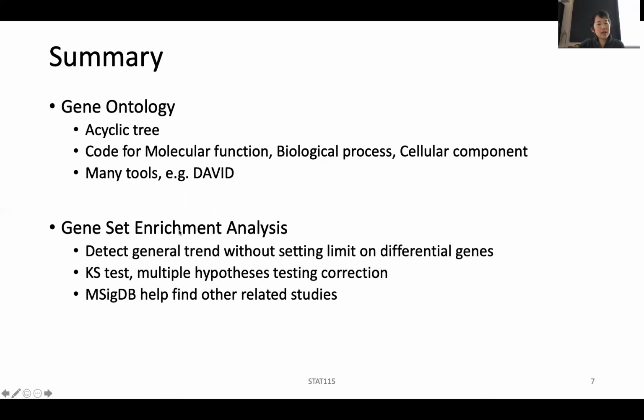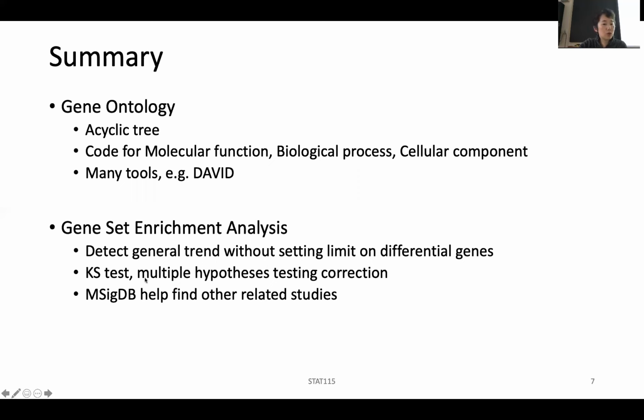And then gene set enrichment, where you don't really decide what group of genes to use. You just give it a whole gene order, and then you can use it to detect a general trend without setting a cutoff for differential genes. It uses the Kolmogorov-Smirnov non-parametric test to see whether predefined genes are enriched in your upregulated genes or in your downregulated genes.